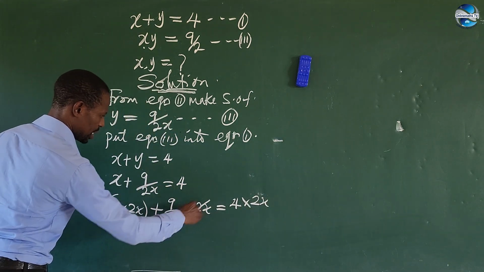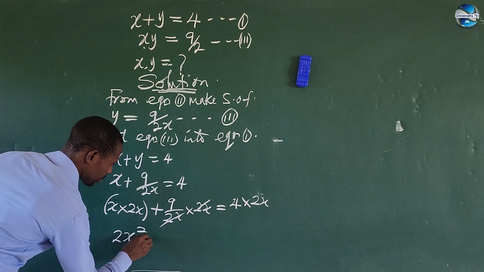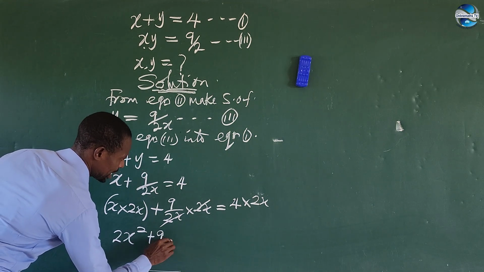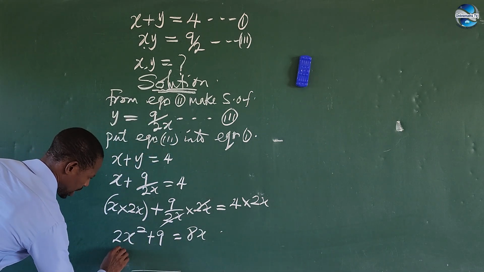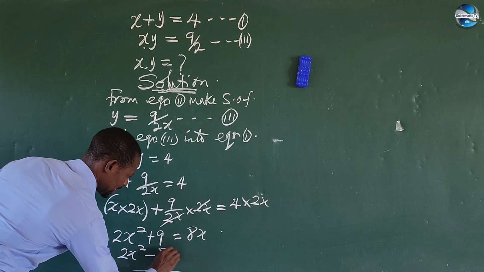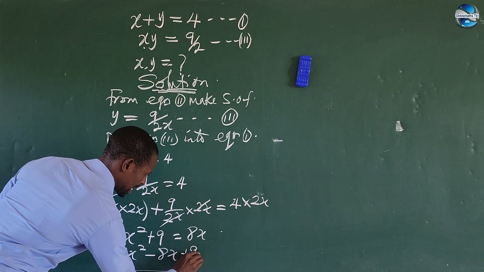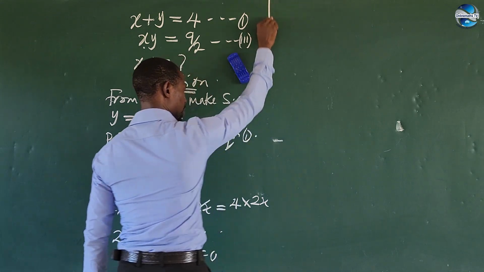So we know this will leave the system. We're now left with 2x to the power of 2 plus 9 equal to 8x. Rearranging, this will give us 2x to the power of 2 minus 8x plus 9 equal to 0.